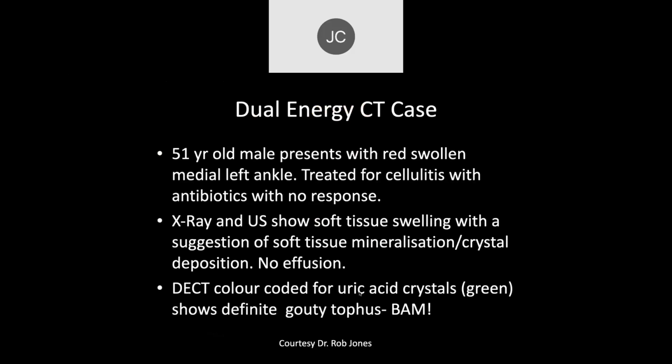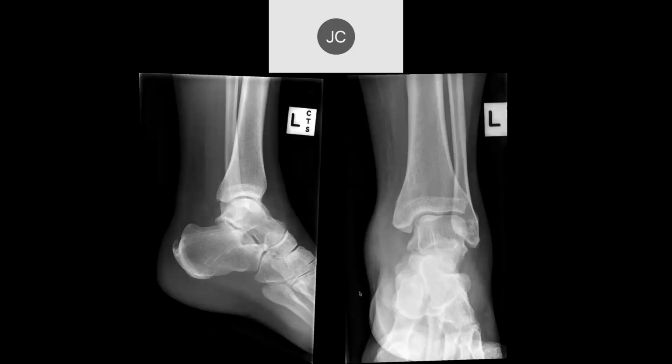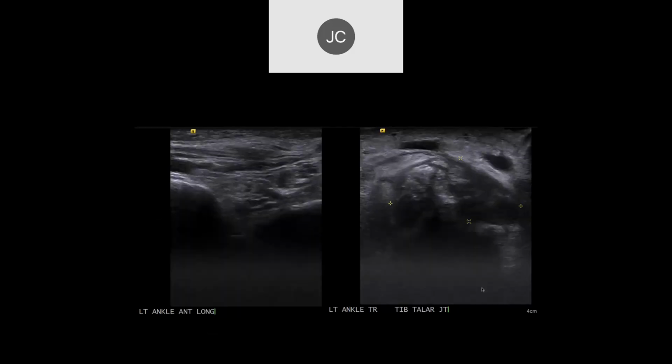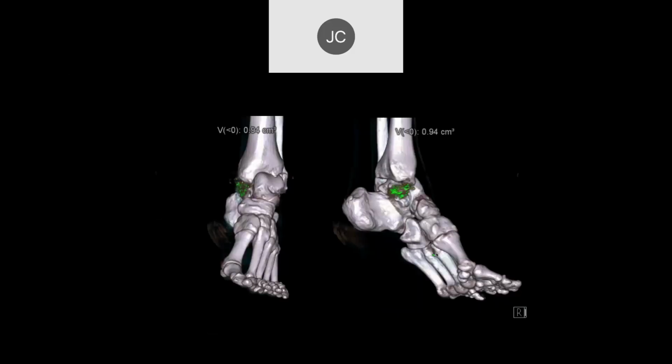And some people tout dual energy CT for looking at this because uric acid and calcium absorb different frequencies of energy, so you can differentiate the two if you do CT with two different energies. And here's a case with all this soft tissue thickening and pain. If you do a CT scan, you could color code uric acid versus calcium, and you can see the uric acid deposits, which helps nail down the diagnosis of gout.